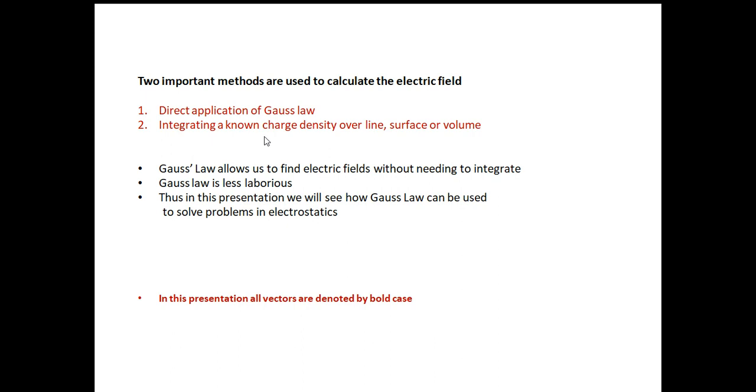Another way is integrating a known charge density over line, surface, or volume. Now, Gauss's law allows us to find electric field without needing to integrate. That is the advantage of Gauss's law. It is less laborious. We don't have to do many integrations. We can quickly calculate the electric field, but there are certain restrictions also.